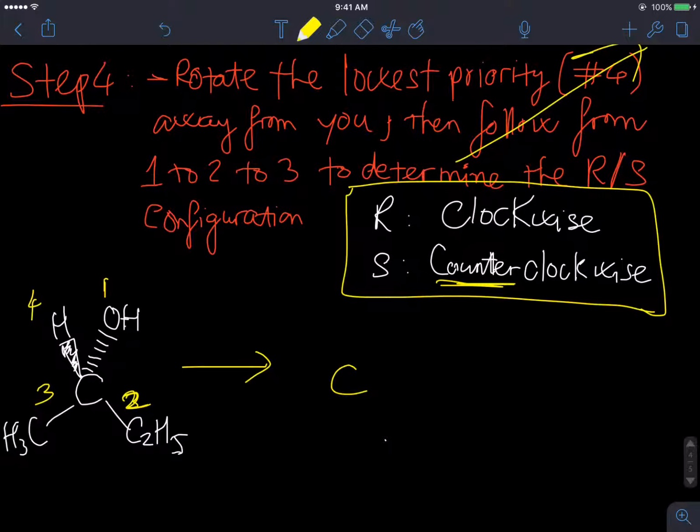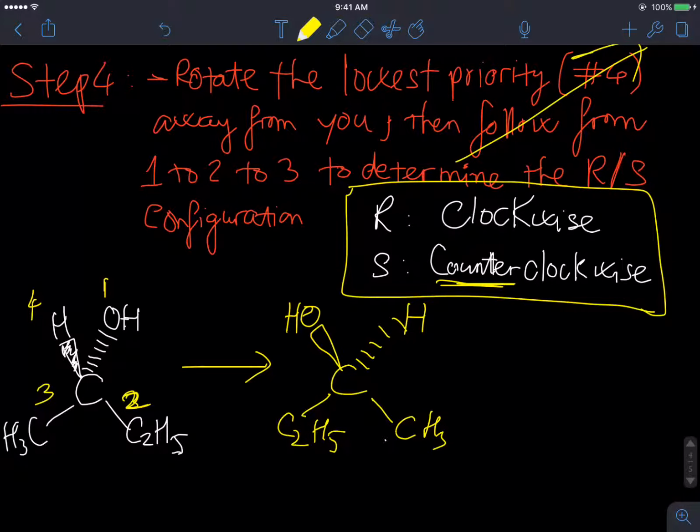I'm going to rotate it right here, from wedge to dash. The H goes to the dash.